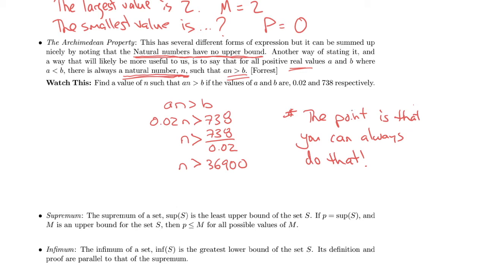That's another way of stating that. And again, to reiterate, the point is not that, hey, we found that number n, but that you can always find that number n to help you do that. Let's take a look at a couple more definitions.